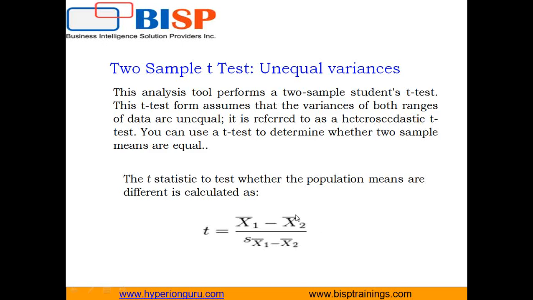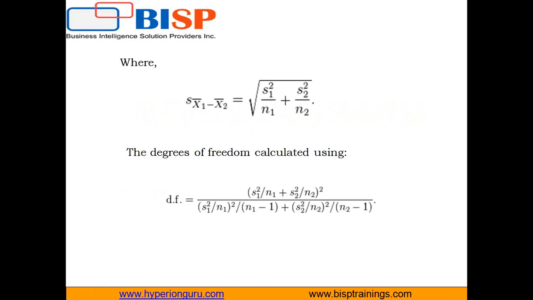So this will be the formula for the calculation of the t statistic: X1 bar minus X2 bar divided by S of X1 bar minus X2 bar, where S square is the unbiased estimator of the variance of the two samples, and N1 and N2 are the participants in each group.